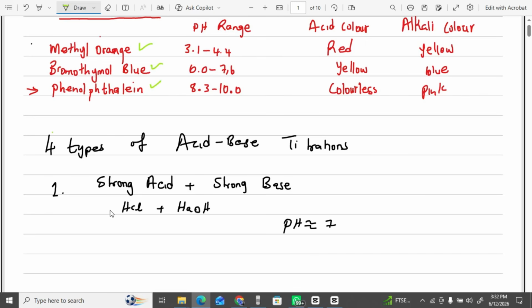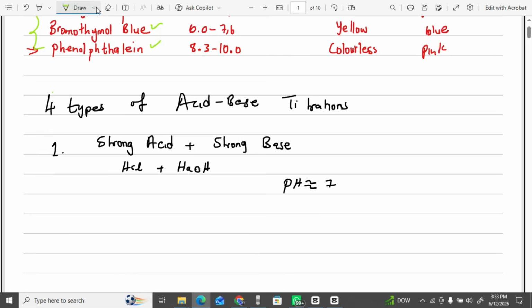The reason is that the pH changes very sharply around 7. Since it changes very sharply around 7, all 3 indicators change color within the steep section. So all of these 3 will work for a strong acid and a strong base. I hope you are with me on that.